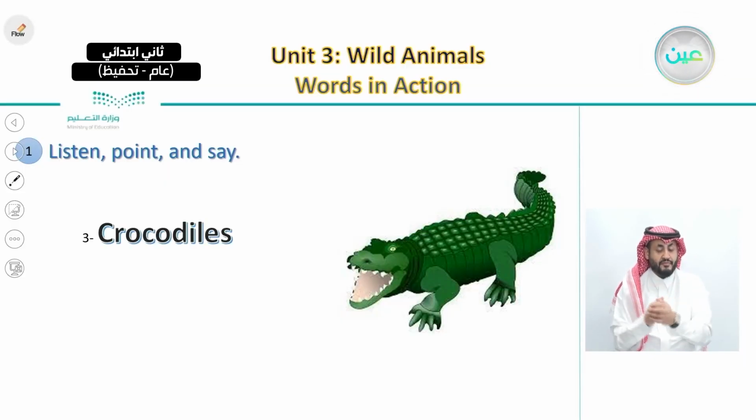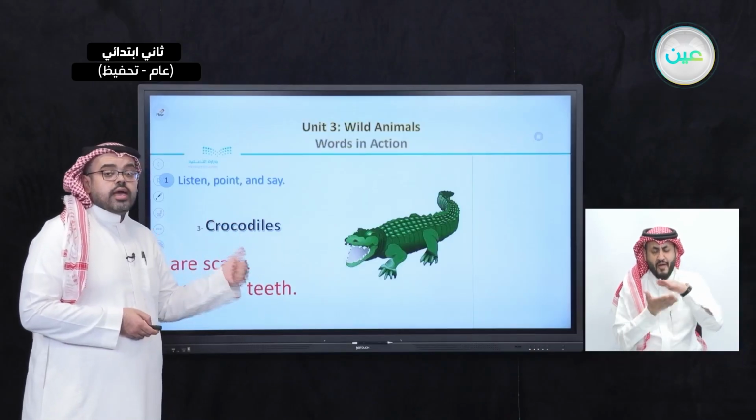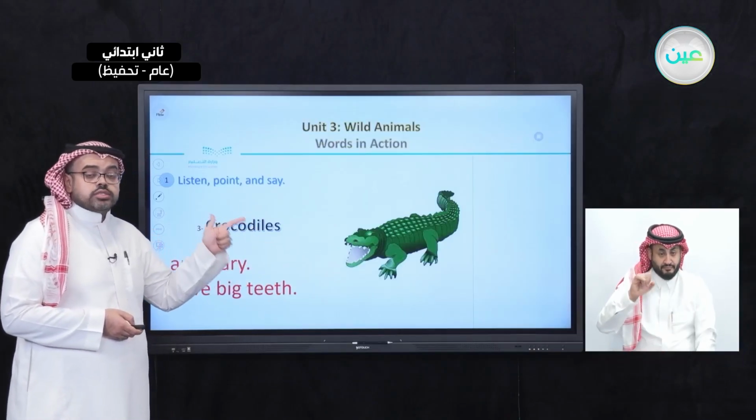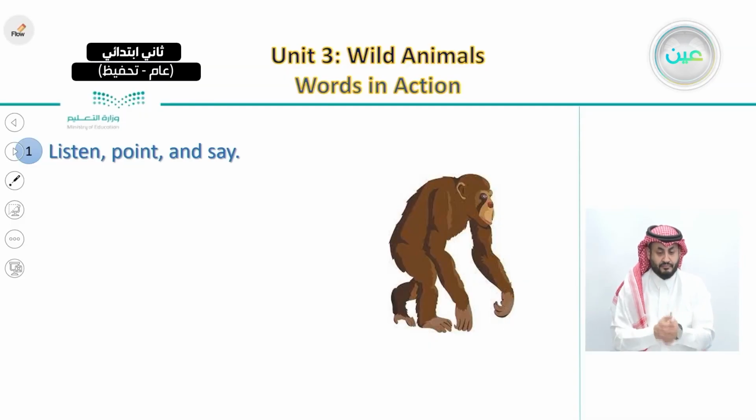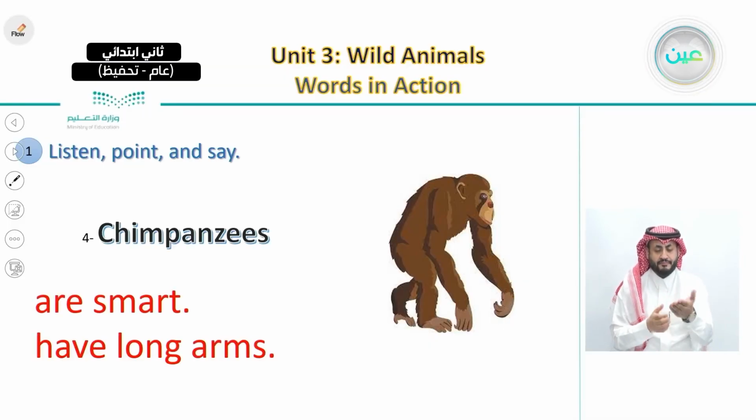Also with crocodiles, we said that they are scary and they have big teeth. Also with monkeys or with chimpanzees, we said that they are smart and they have long arms.